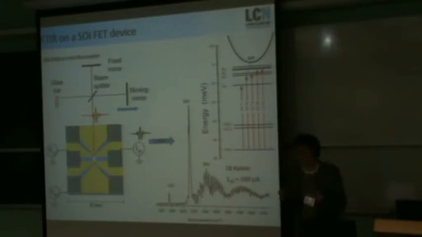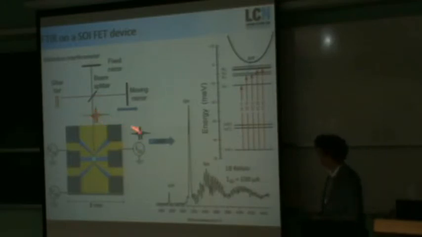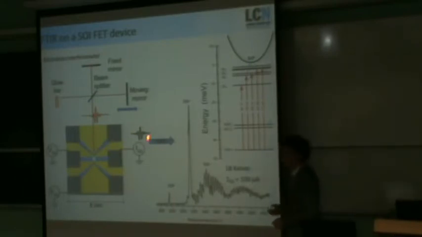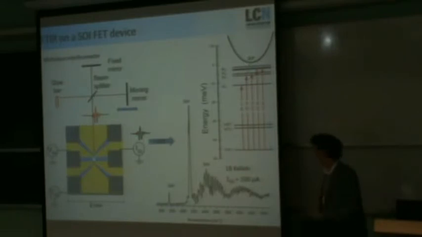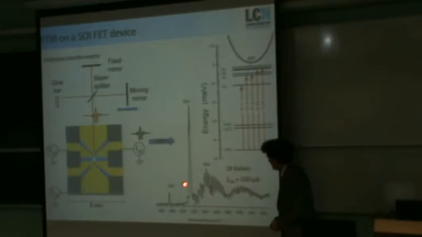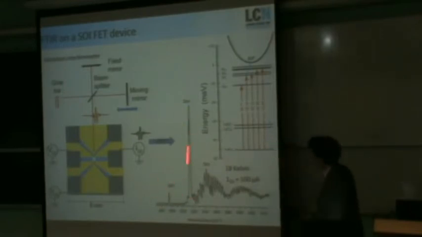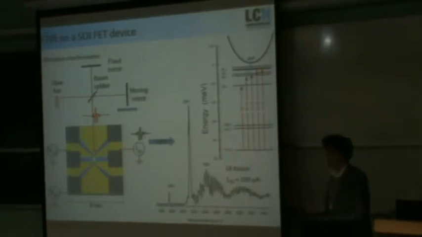And then if you look at the current response in this device, you also see an interferogram, somewhat different to the light intensity, but it is an interferogram itself, and this is the interferogram from the sample response. If you then Fourier transform that interferogram, lo and behold, you get the sample response as a function of wavelength. What you see here is a few peaks that correspond to the transitions between the first couple of excited states in our system here.